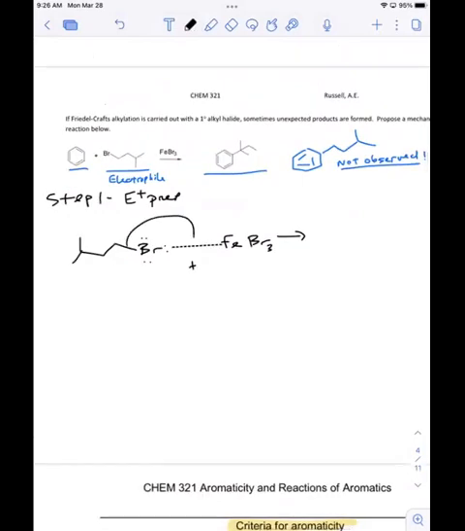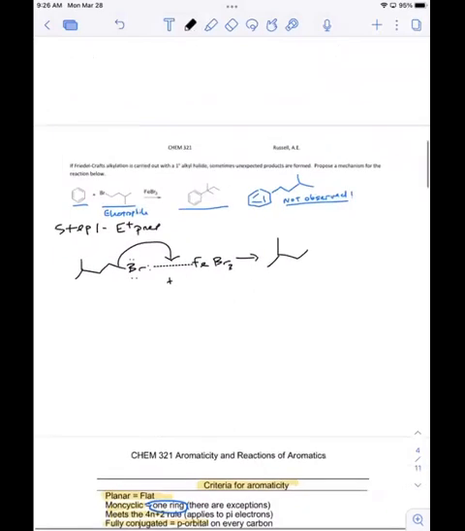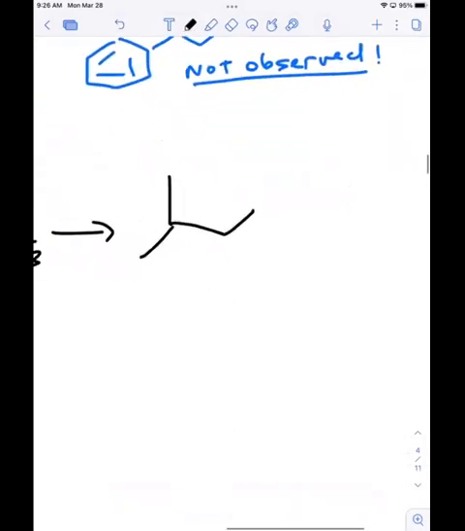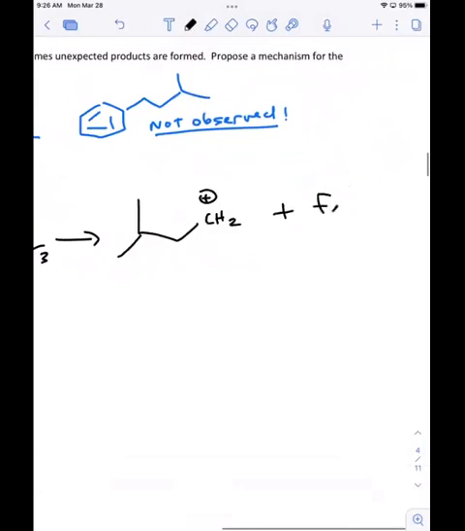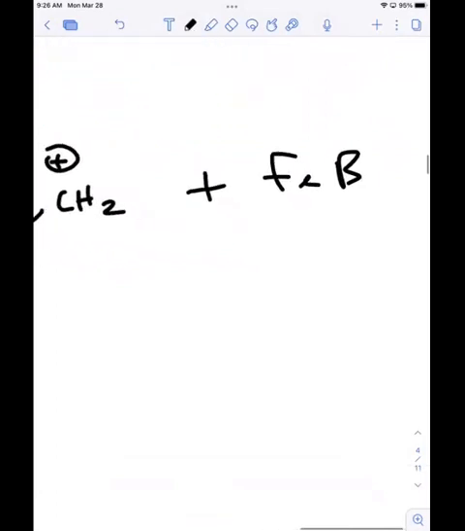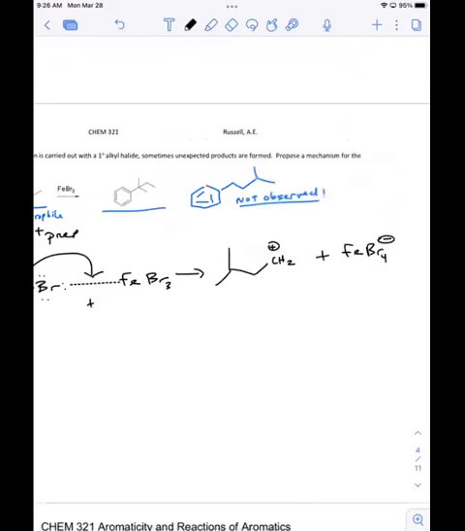When I do this, what am I left with? I'm left with this. Make sure I got enough carbons. Yep. And this is a CH2, and that's positive, which is horrific, plus iron tetrabromide, and that's negative.